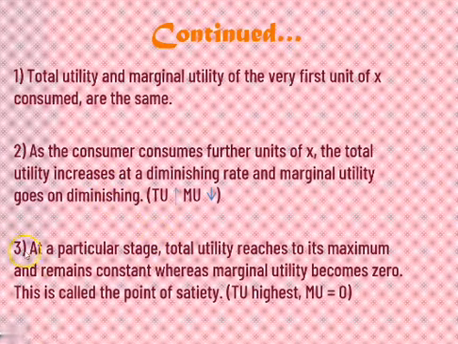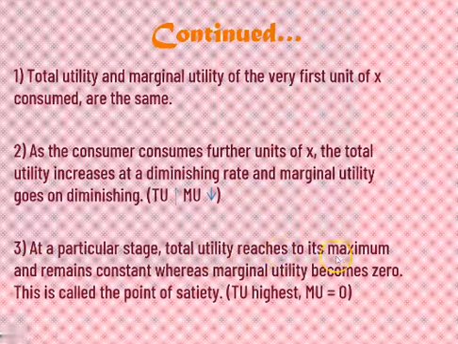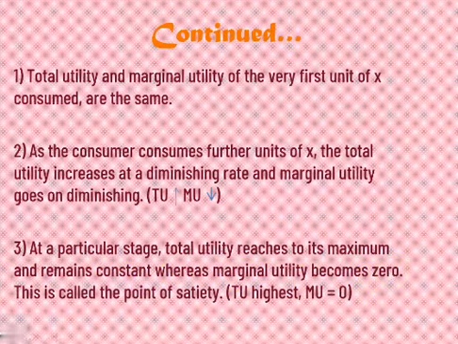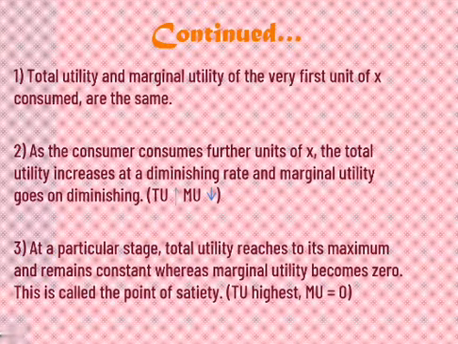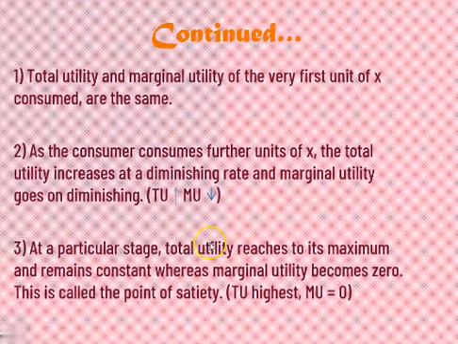Now the third point: at a particular stage, total utility reaches its maximum and remains constant, whereas marginal utility becomes zero. This is called the point of satiety, as I have explained in the diagram. When the consumer consumes the fifth unit and then the sixth unit, between the fifth and sixth unit the TU remains constant, and after the sixth unit it starts declining.